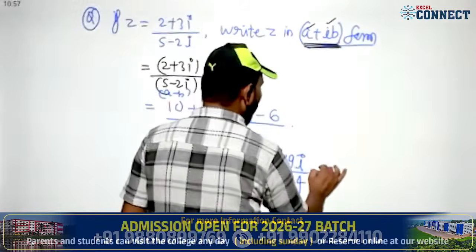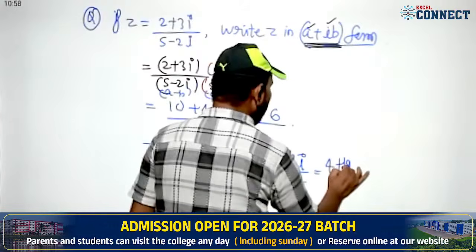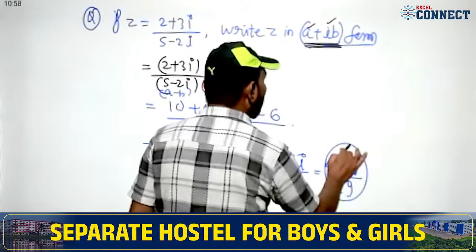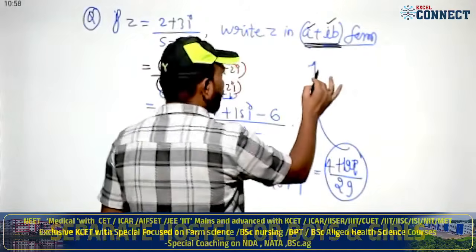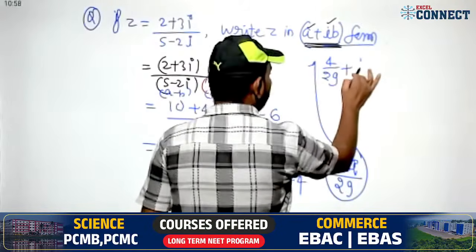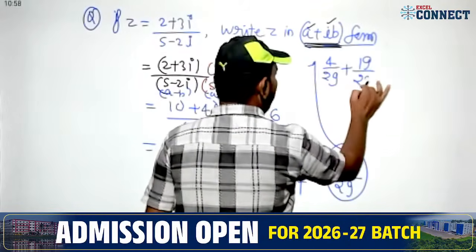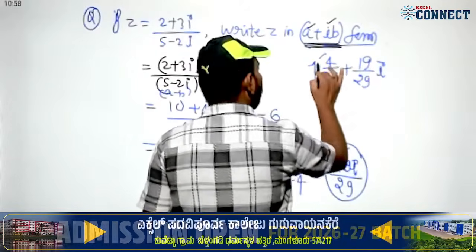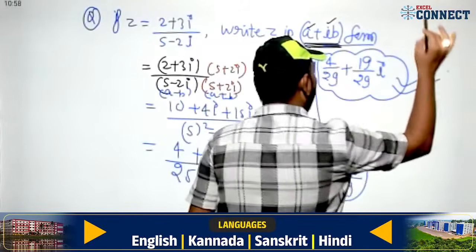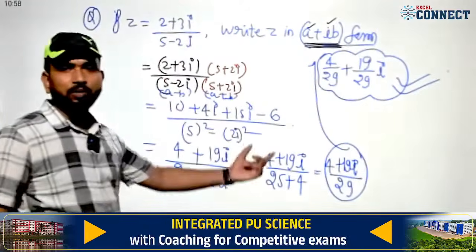So it is 4 plus 19 iota divided by 29. If I want to represent it in this form, I can say 4 divided by 29 plus 19 divided by 29 iota. This is our required format. So they actually want this.